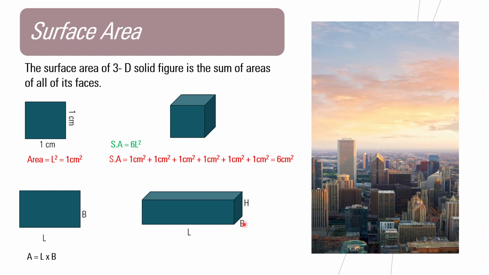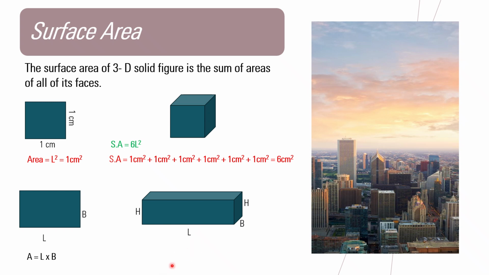If we multiply breadth by height, we will find the area of the sides of this box. And if we multiply length by height, we will find the area of the front and back side of this cuboid. It means every time we multiply two dimensions, we have to double it or multiply by 2.